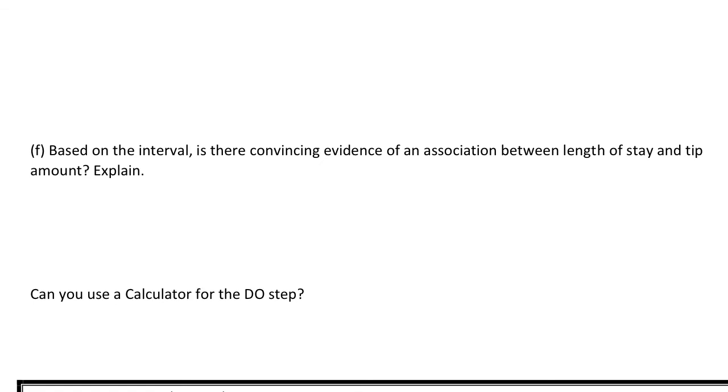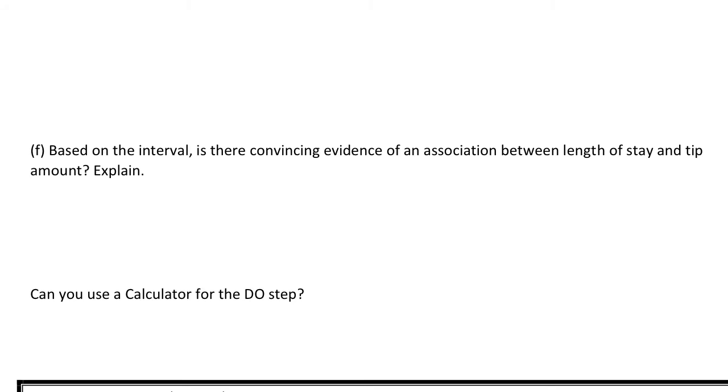And so, does it seem that, well, yes, our sample slope was positive, meaning the more you stay, the more you give money. The majority of our interval was positive, but it was plausible that the true slope was actually negative. And so, what are we looking for? We're looking to see is 0 in the interval.